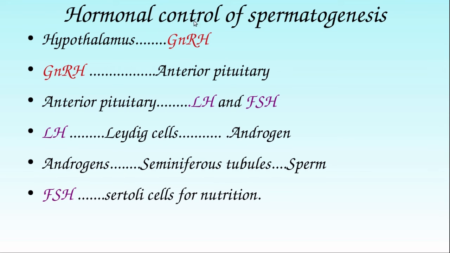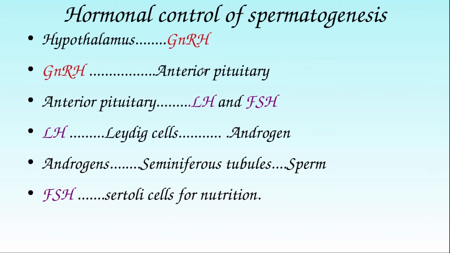So here, in spermatogenesis, we can see how the hormonal control happens. The hypothalamus releases GnRH, gonadotropin releasing hormone, which is a releasing hormone.